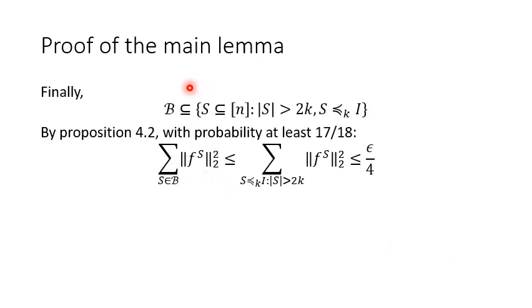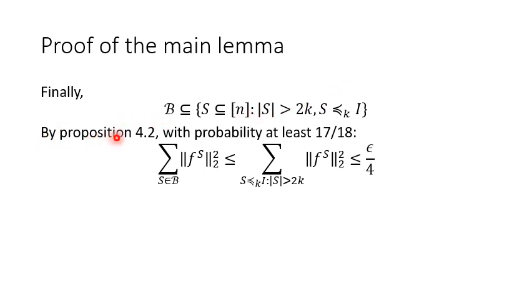Finally, the set beta was defined as sets that have big cardinality but are also contained in J, which is the union of k parts, meaning that these sets are k-covered by the partition. So we can say that beta is contained in the set of all subsets of coordinates that have big cardinality but are k-covered, because the original beta was k-covered by J, which is the union of k parts.